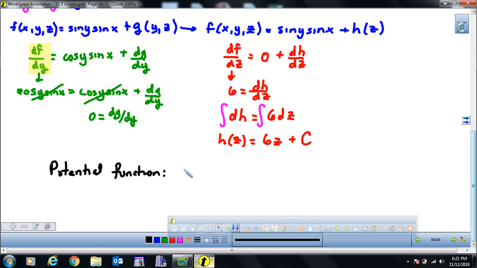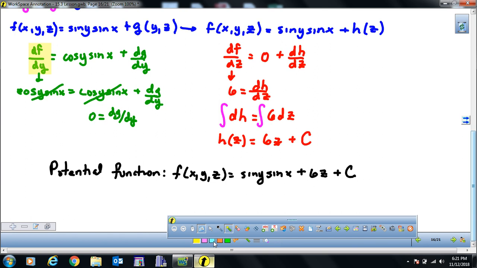The potential function is going to be f of x, y, z equals, let's write the beginning, sine of y sine of x plus h of z, which is 6z plus some constant c. This is our potential function.